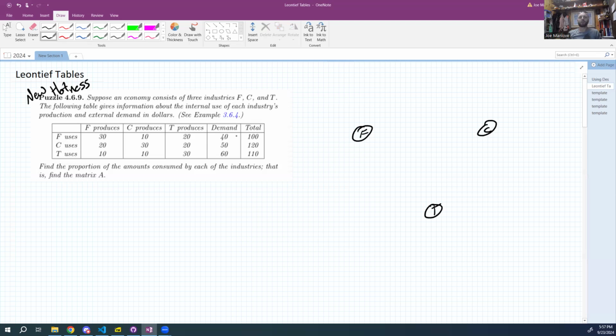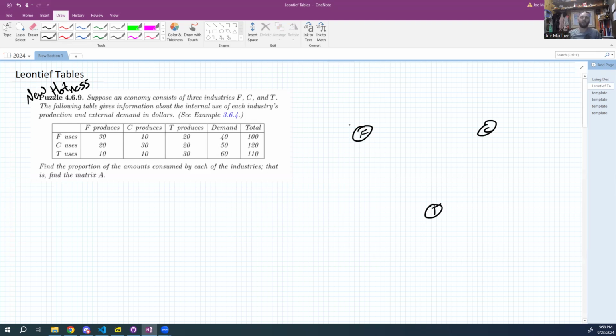Then there's an external demand for $40 worth of F's production. Why that's in the uses row is that $40 represents the dollars that F gets and then uses, right? So that's an incoming edge and an outgoing edge. So F is both using $40 and producing $40 worth of goods.